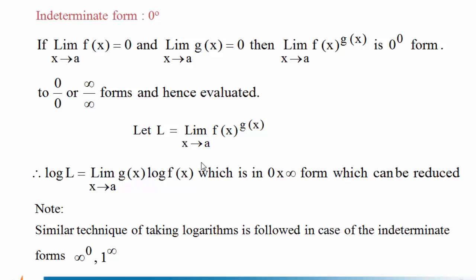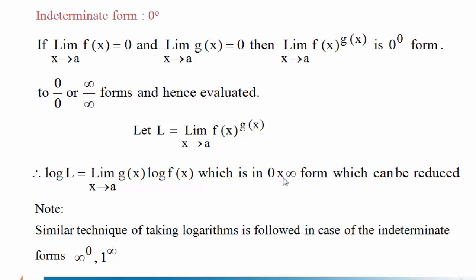Again we know the property of log: log a raised to n is nothing but n log a. Means the power will go into multiplication form, that is g of x into log of f of x. And we can observe that this is 0 into infinity form, because log 0 is infinity.